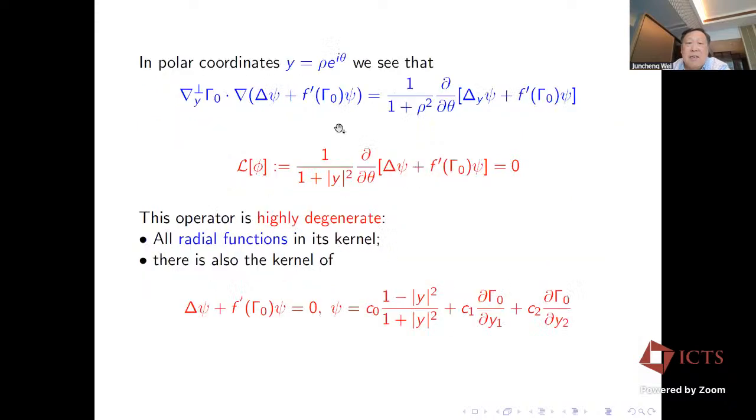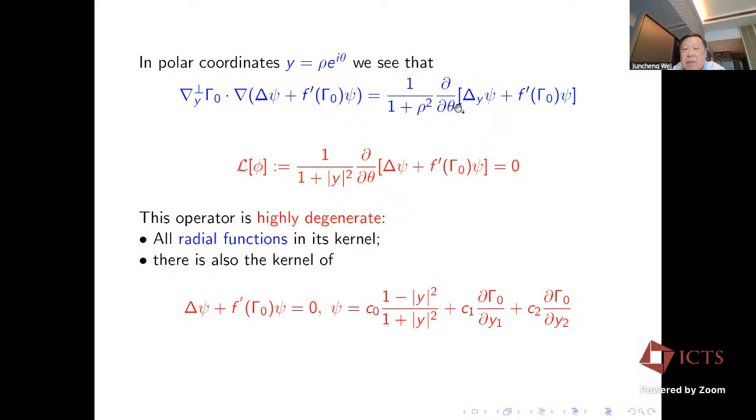And so in terms of the polar coordinate, the linearized problem, forget about the t, is like a third order. So this linearized operator is like 1 over 1 plus rho squared d over d theta of a second order. So this is like a third order equation.